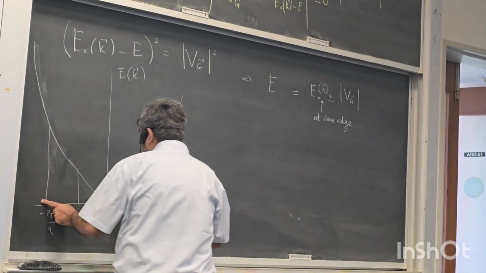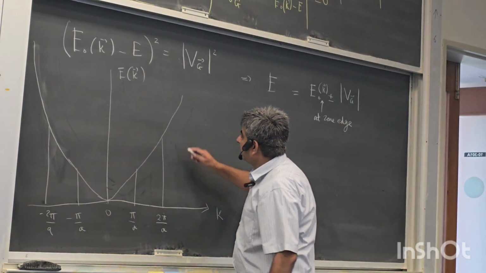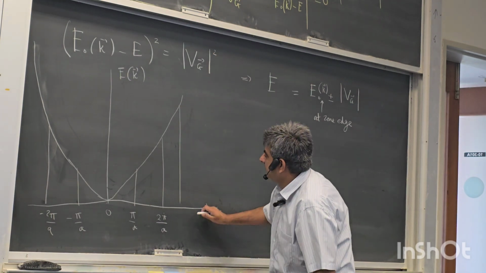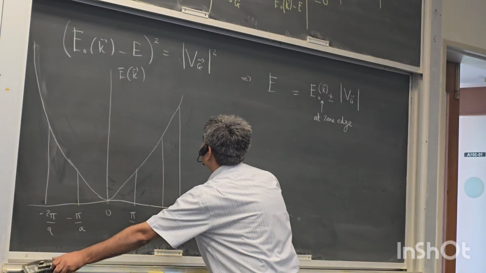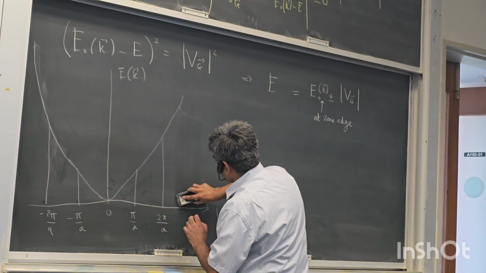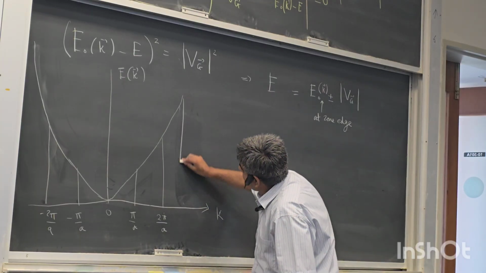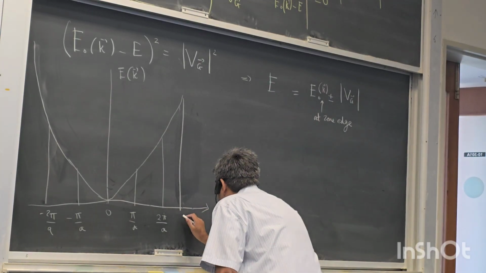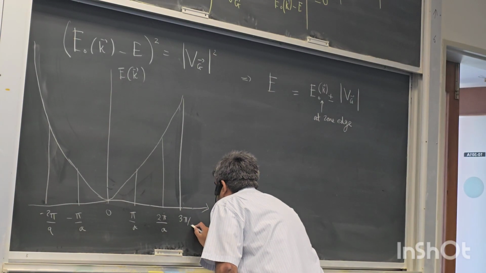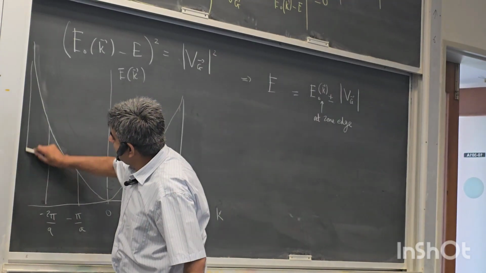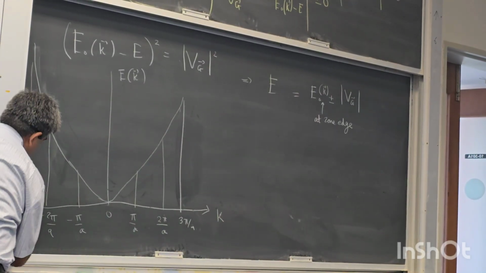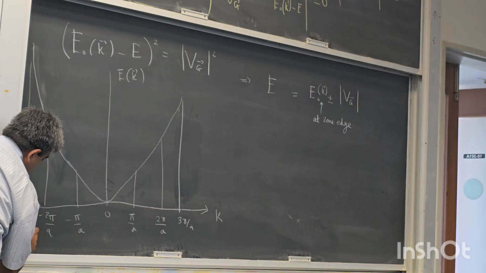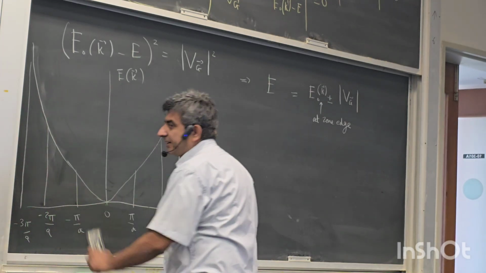These points are separated by 2G. Then you have a point 3 pi over a, and here you would have a point minus 3 pi over a. These points are separated by 3G.